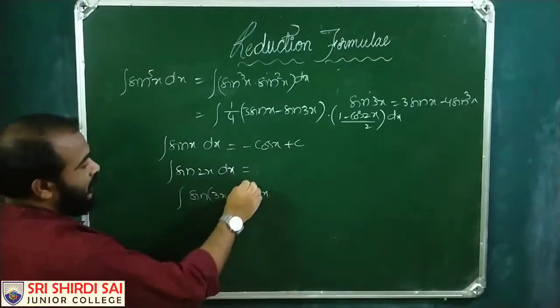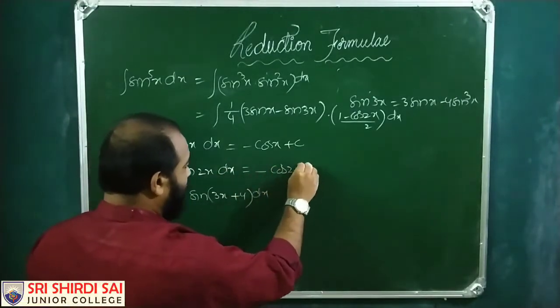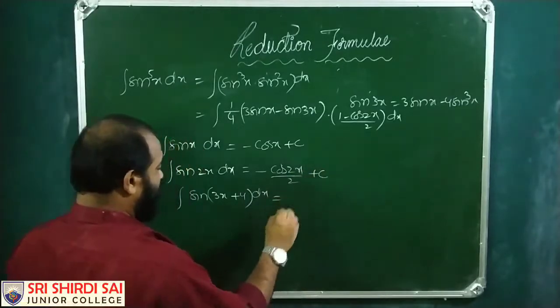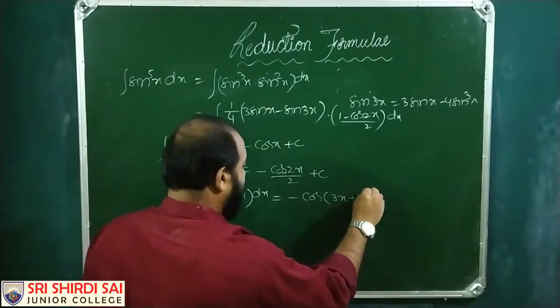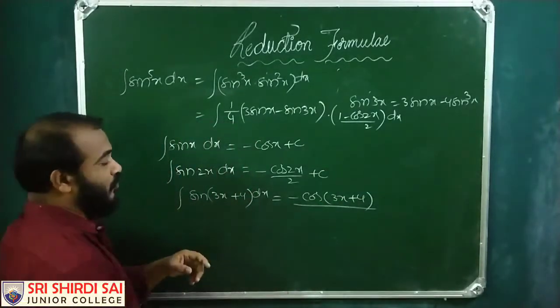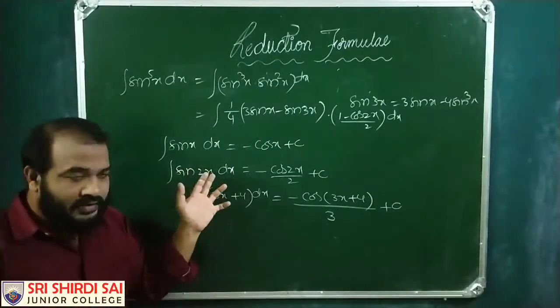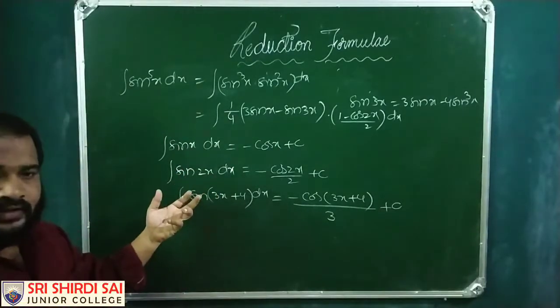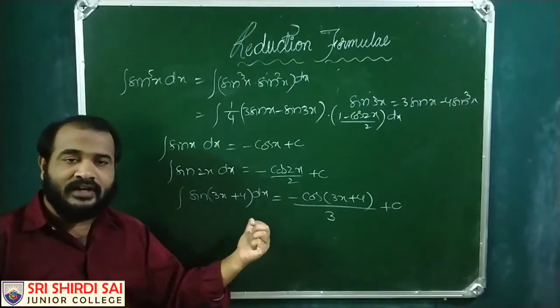Integral sine 2x is minus cos 2x by 2 plus c. Integral sine of (3x plus 4) is minus cos of (3x plus 4) by the derivative of 3x plus 4, which is 3, plus c. Therefore, whenever sine is associated with a linear expression, we can evaluate it easily.